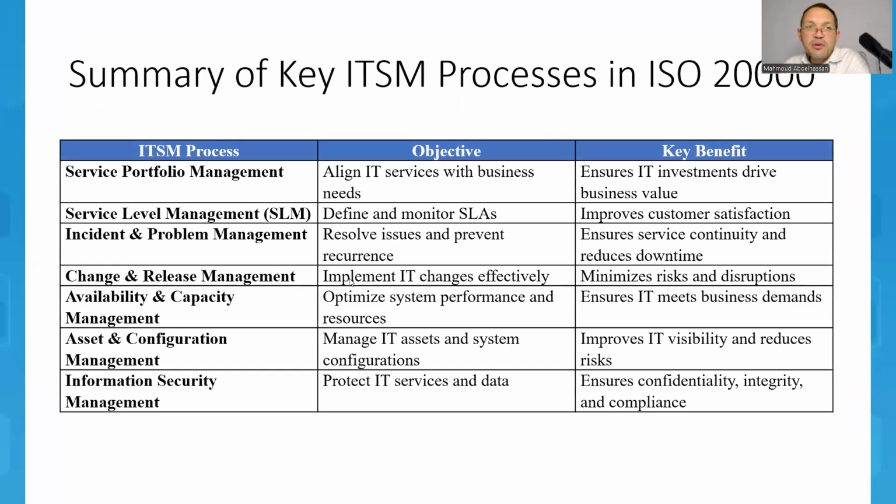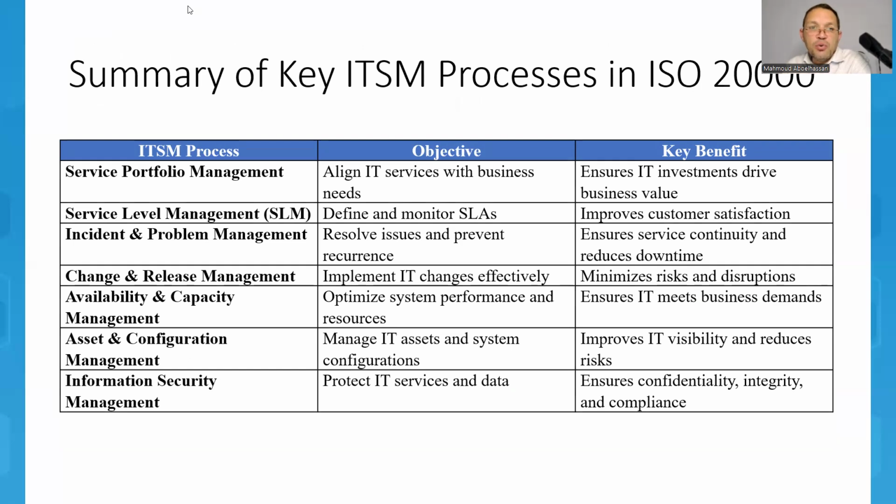This table is summarizing the key IT service management processes in ISO 20000. We started with the service portfolio management that will align the IT services with business needs and ensure the IT investment drives business value.